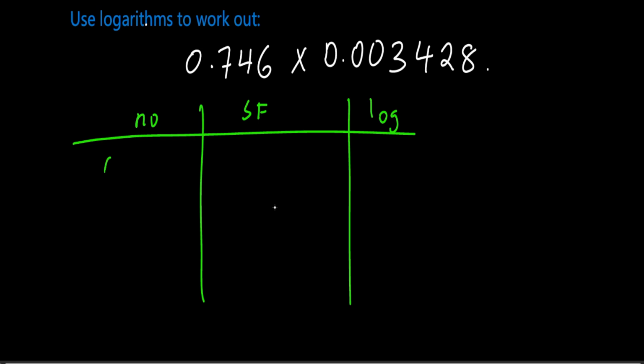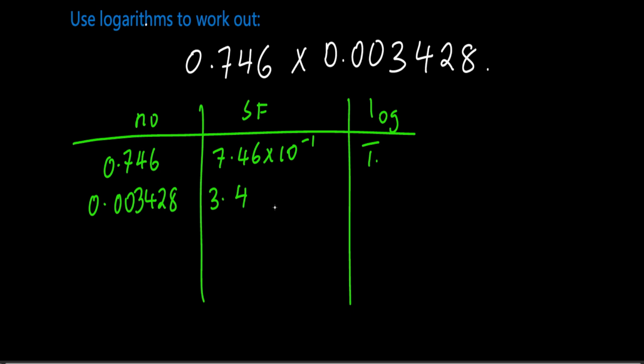The number here is 0.746, standard form 7.46 times 10 to the power of negative 1, so your characteristic is bar 1. For the other one, 0.003428 is 3.428 times 10 to the power of negative 3, so this is bar 3 parts.